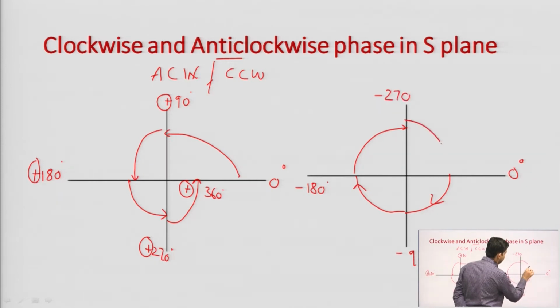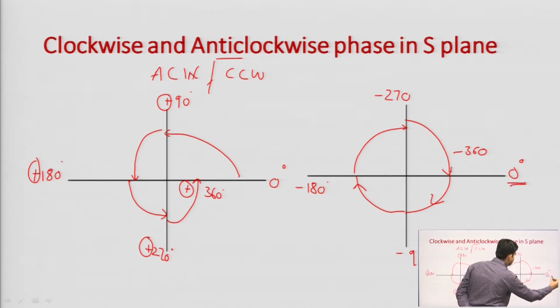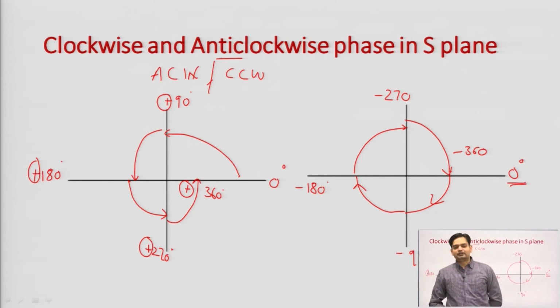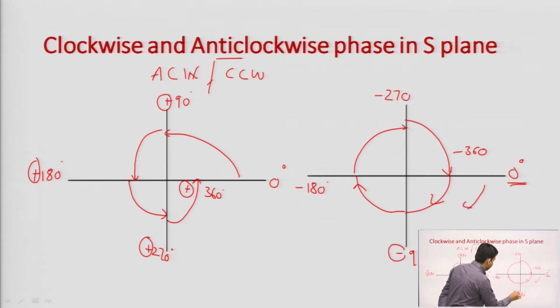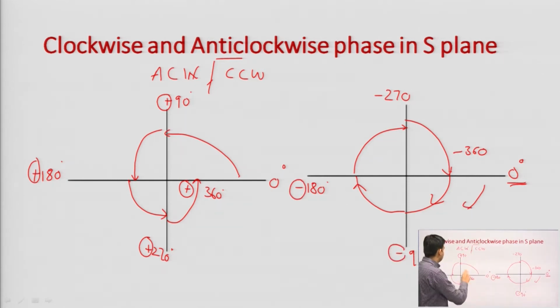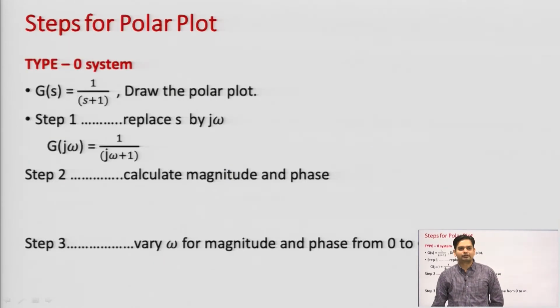Again, I will move by minus 90, so at this point I reach minus 360, which is equivalent to 0. So, this movement is the clockwise movement in the S plane. Okay. So, always remember, whenever we move clockwise, we always get negative phase. When we move anti-clockwise or counterclockwise, we always get positive phase. Okay. This concept we have to follow in the polar plot.